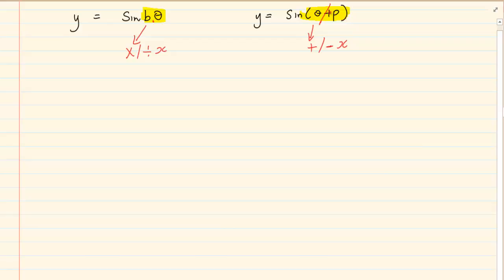Now, what does it mean when I say multiply or divide? If I give you a graph, y is equal to 3 sin theta plus 30.